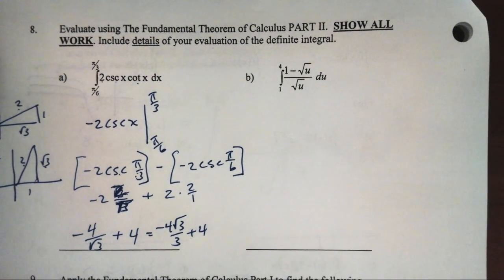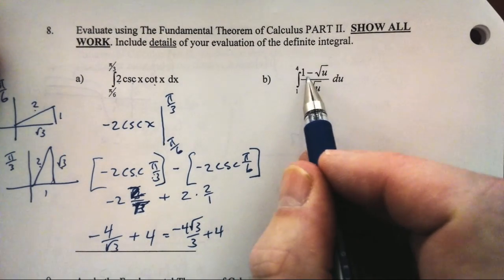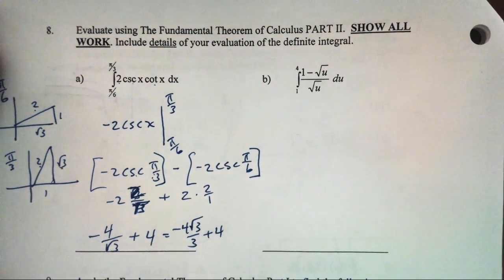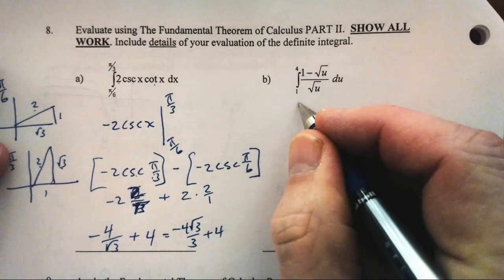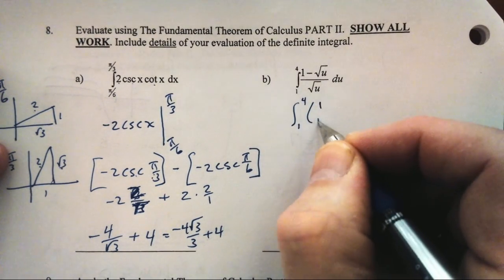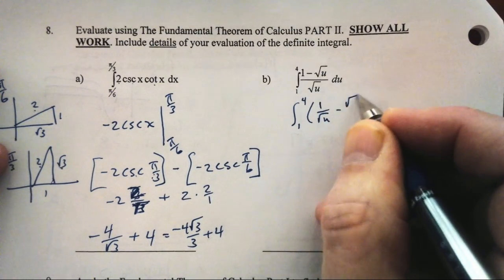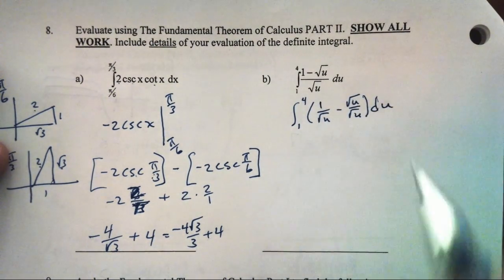Okay, B. This is a problem that was in our homework set, maybe not 1 to 4, but this function was in there, and I think I had questions from that in all three classes. If we have a fraction and the denominator's a monomial, we can break that fraction up. So this would be 1 on square root of u minus square root of u on square root of u du.